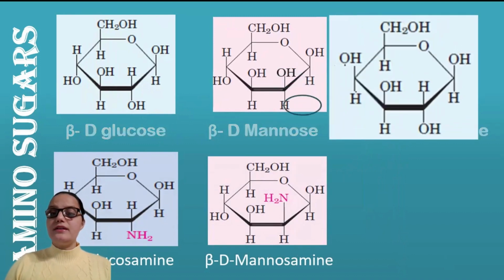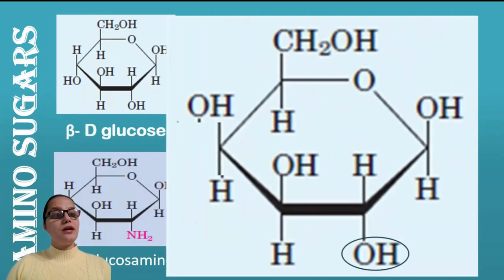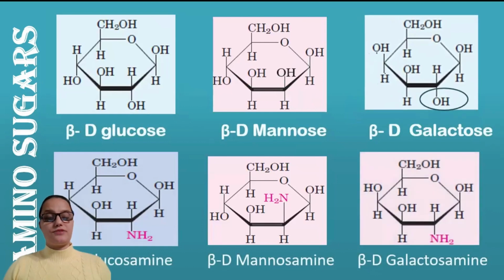Similarly, when this OH on carbon number 2 of galactose gets replaced by an amine, that is an NH2 group, then galactosamine is formed. So these are the most common amino sugars. I have taken the examples of 3 monosaccharides, but this can happen to any kind of monosaccharide. It can happen even to fructose. Now, let's move forward.